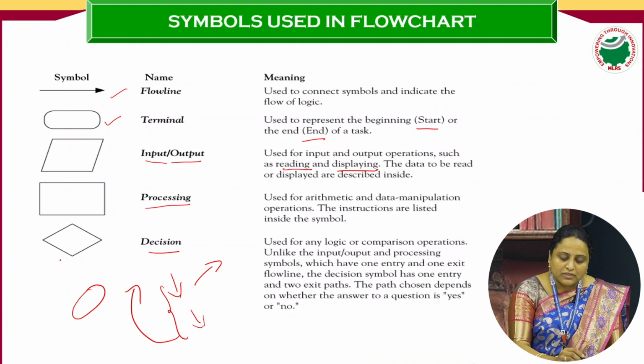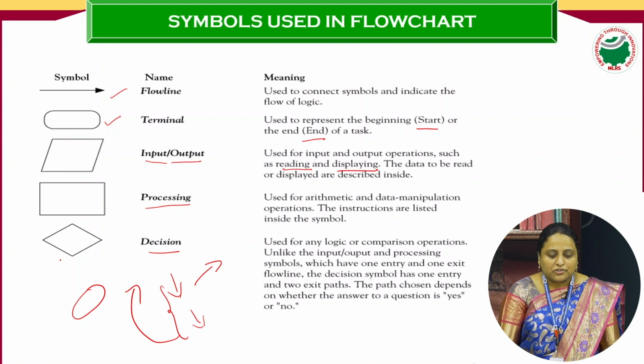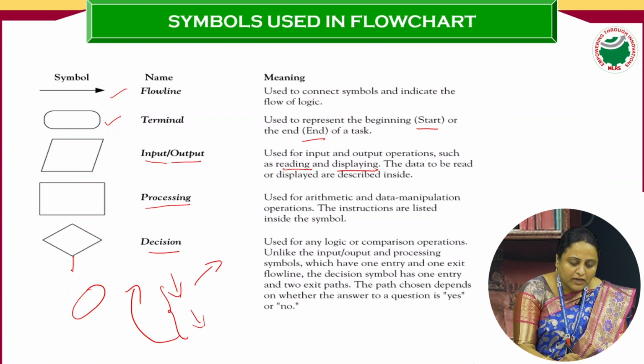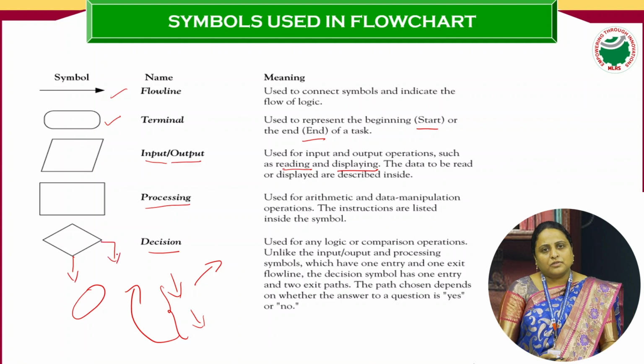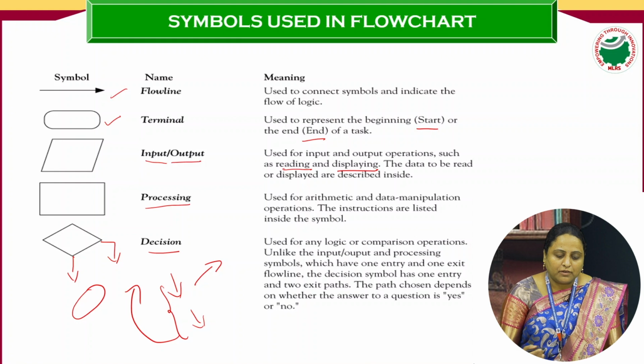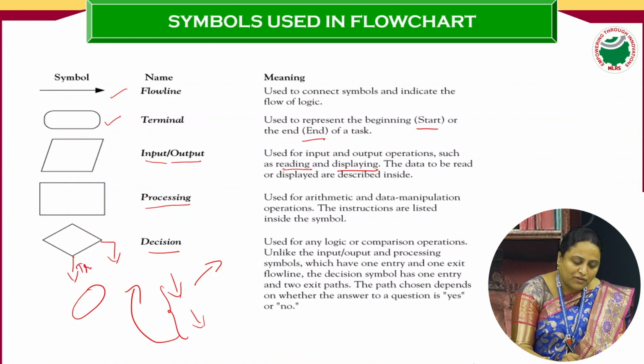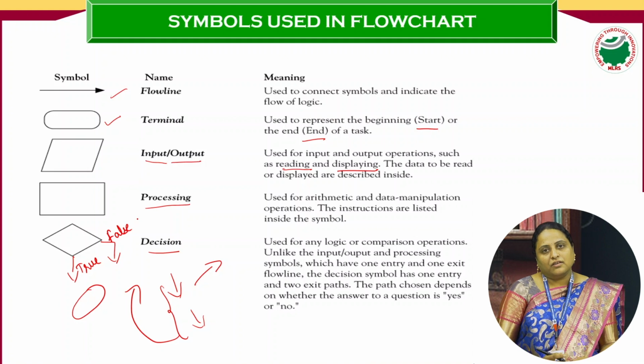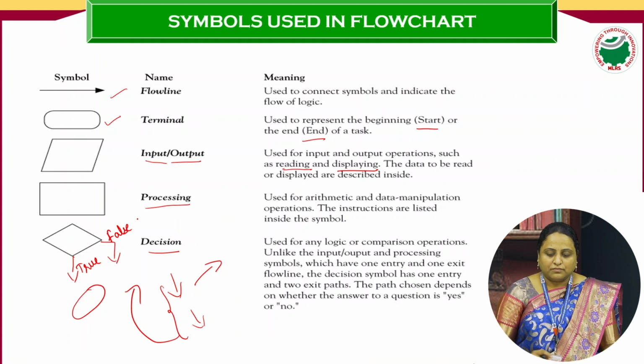In that case you can use this decision making symbol. Here the flow goes in two ways, because when you are making a decision, it will be either true or false. So you can use one flow of control for true and another for false. True or false can also be represented using yes or no.